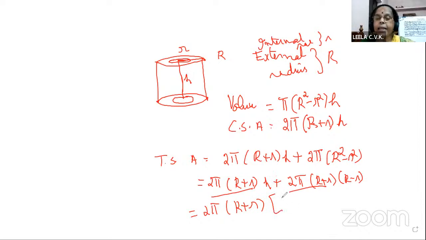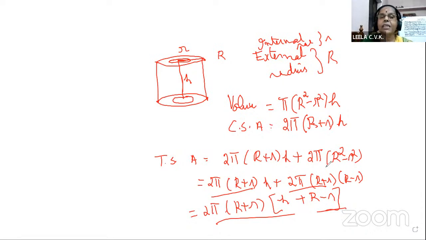So what is remaining? H is remaining, and here capital R minus small r. So this is our short, final formula. But don't learn this by heart, or don't learn this without knowing. If you are able to write this much, then you will be able to do the problem.